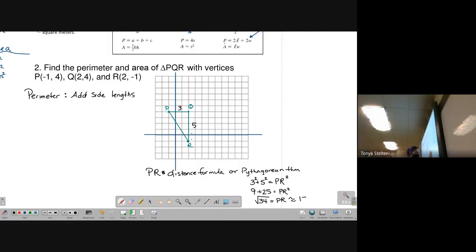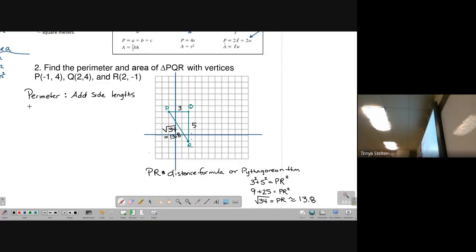So we're going to say about 13.8. 34 can't be broken down anymore anyways, so if they did want radical, it would just be root 34. So this guy right here is root 34, which equals about 5.8.